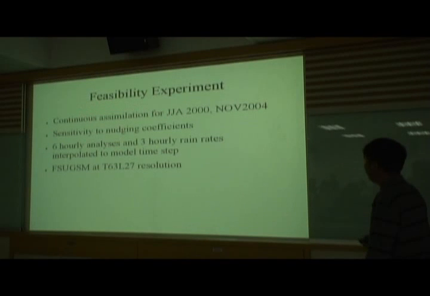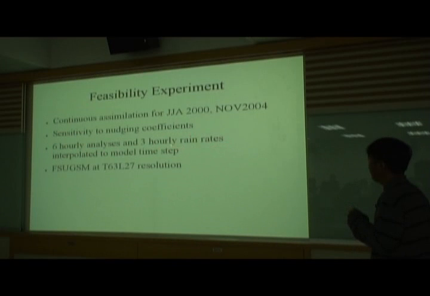The assimilation period is JJA 2000 and November 2004. And we conducted sensitivity tests to the nudging coefficient. 6-hourly analysis from the R2, and 3-hourly rain rates from TRMM are used.